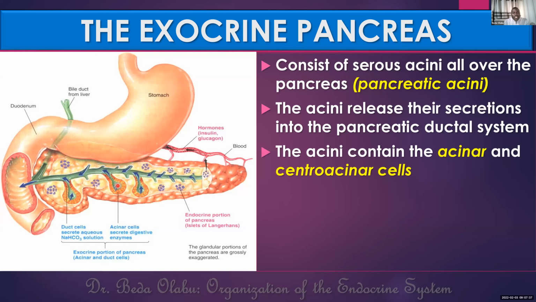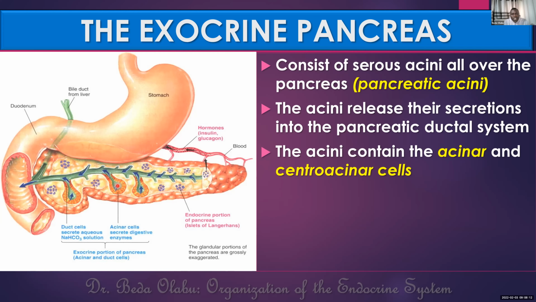The types of cells which are within the acini are the acinous cells, which produce the secretions, and centroacinous cells. Centroacinous cells represent the initial portion of the pancreatic ductal system found within the acinus. For example, here, this ductal system usually extends into the center of the acinus.